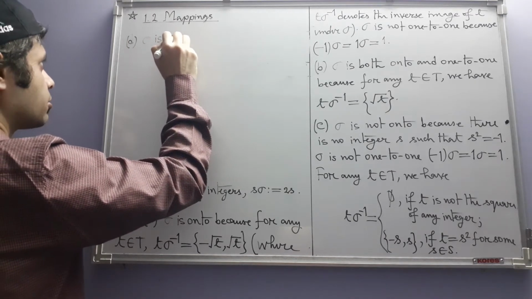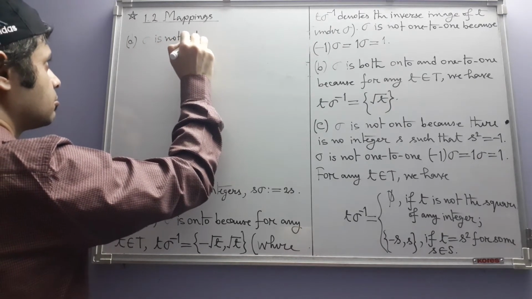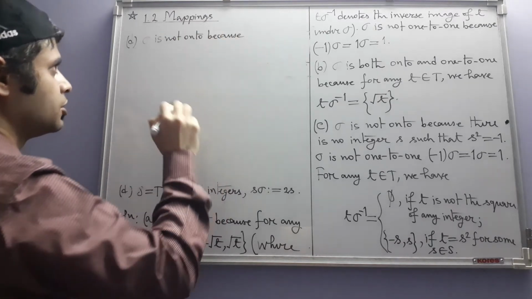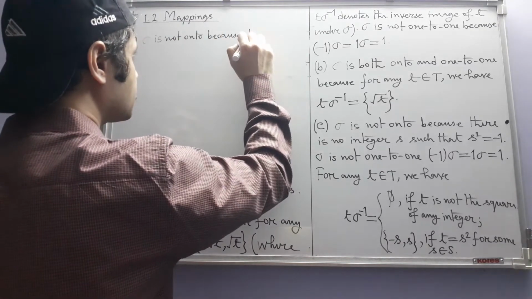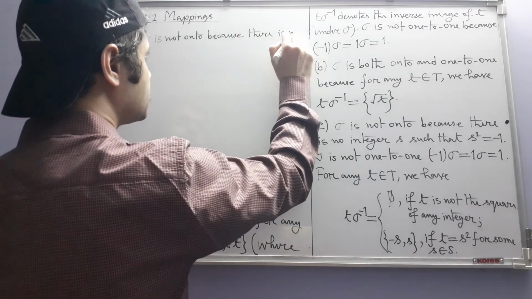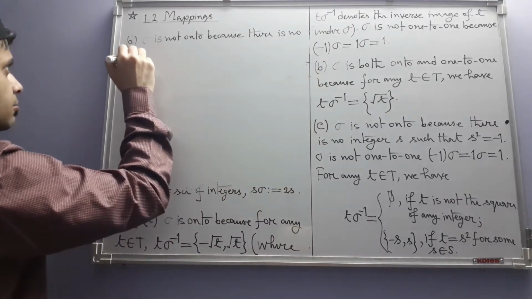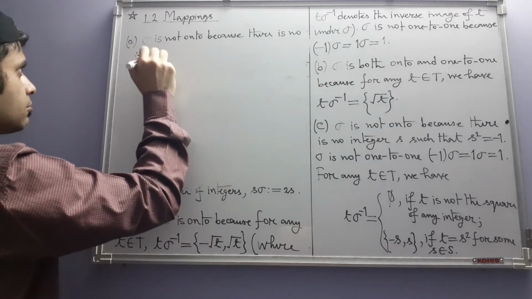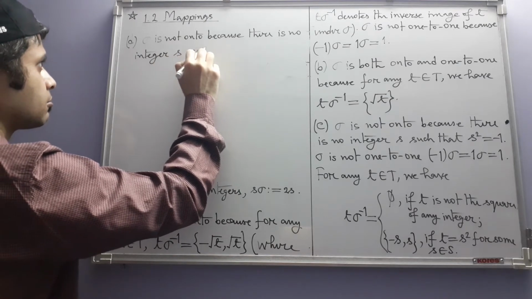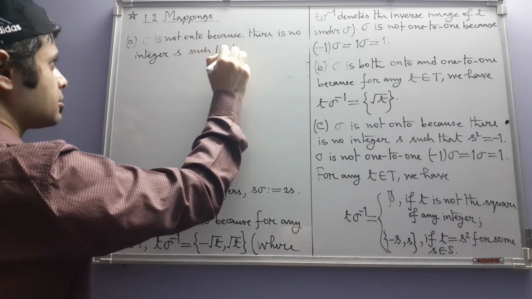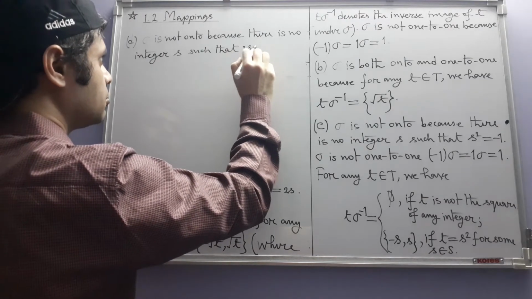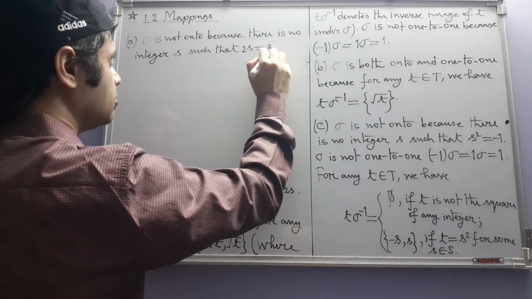Sigma is not onto because there is no integer s such that 2s is equal to 3.